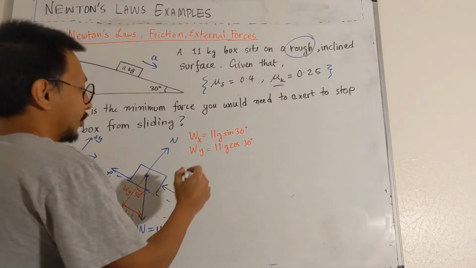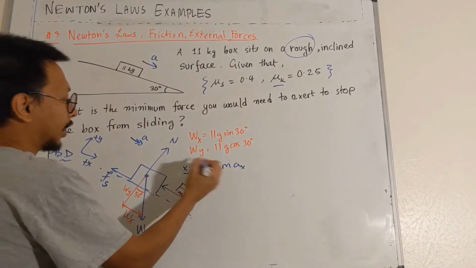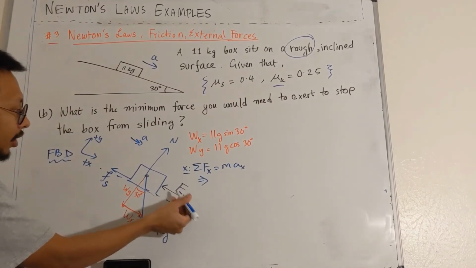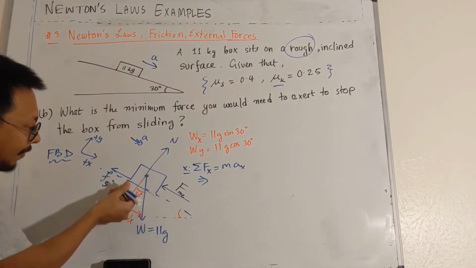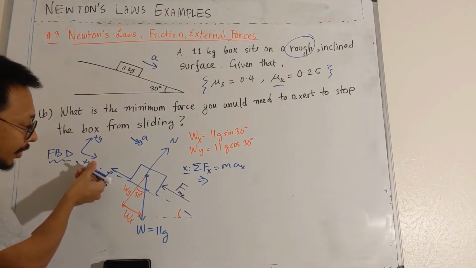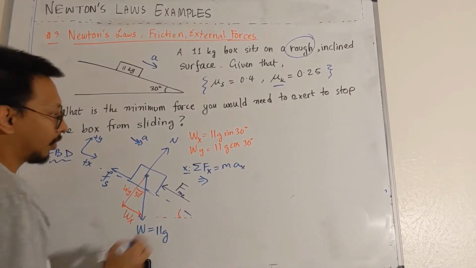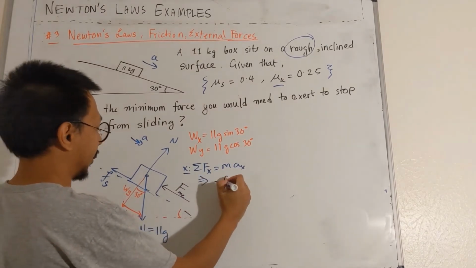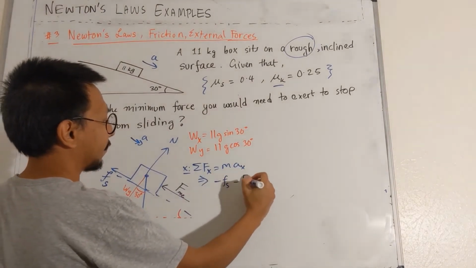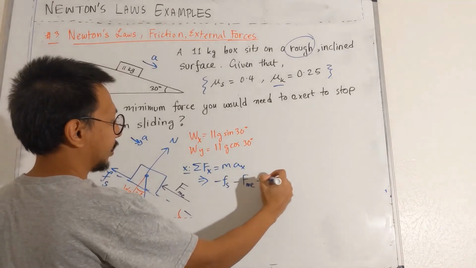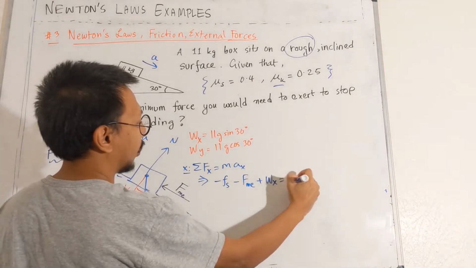Then we write down our Newton's laws. In the x direction, what do we have? I have F me going in the negative x direction and Fs going in the negative x direction and Wx going in the positive x direction. Therefore, my summation becomes minus Fs minus F me plus Wx is equal to Ma.